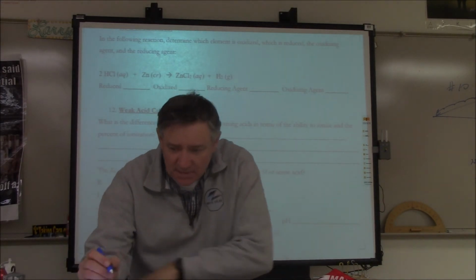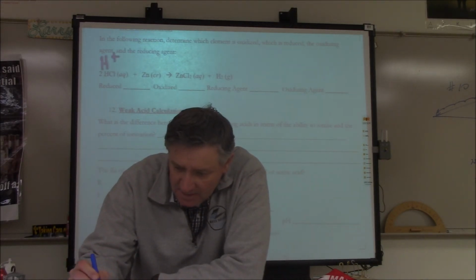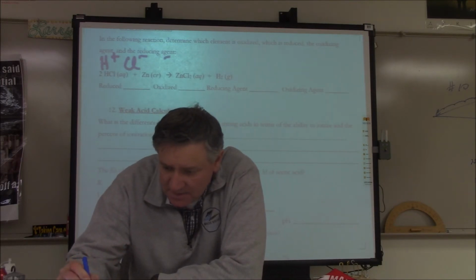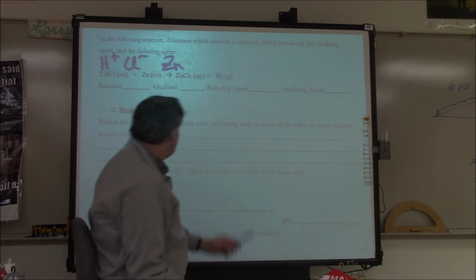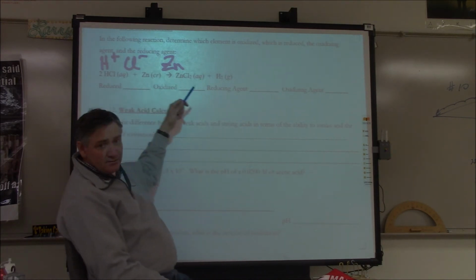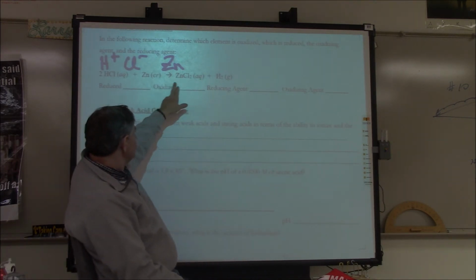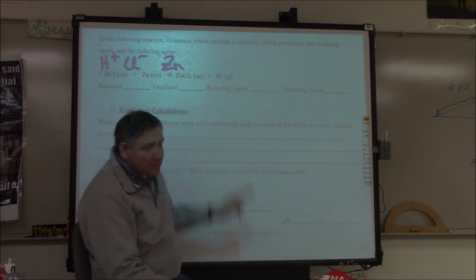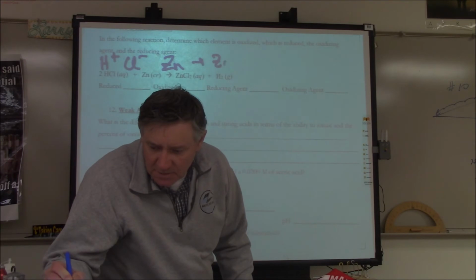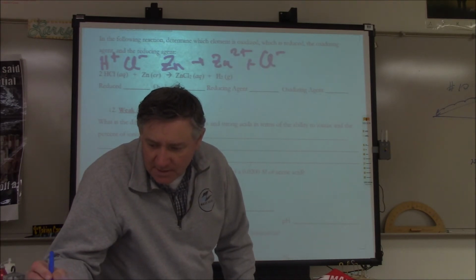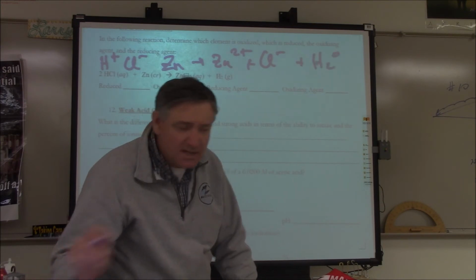So that means that hydrogen has an oxidation state of 1+, the chlorine has a state of 1-, zinc has a state of 0. So basically this is a tug of war. So what happens when you get over here, the zinc chloride, the zinc now becomes Zn2+, the chlorine is still 1-, and the hydrogen has a state of 0.